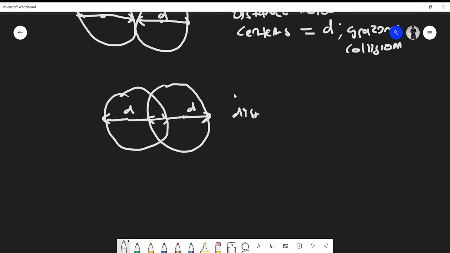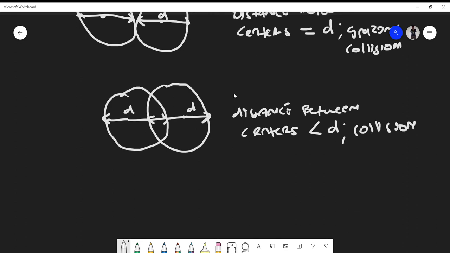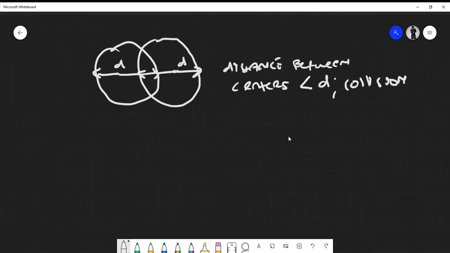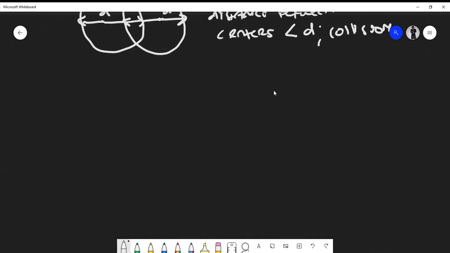The distance between centers is actually less than the diameter of the molecules, and so in this case we actually have a successful collision, right? So having defined collisions in this way, we actually want to calculate the frequency of collisions between molecules in a gas.